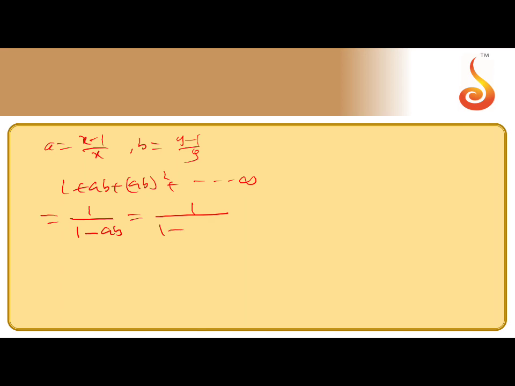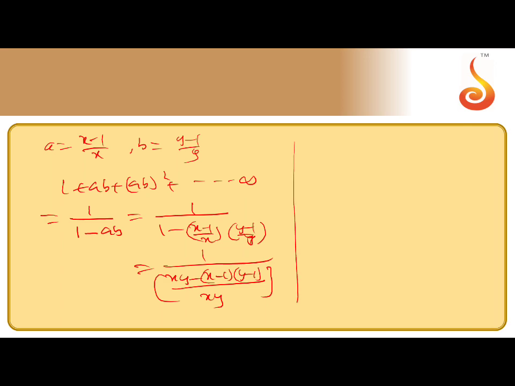So substitute the values of A and B. Here x minus 1 by x, here y minus 1 by y. In the denominator, the LCM is xy. So x minus 1 into y minus 1. So xy by xy minus (x minus 1)(y minus 1), which is xy minus xy plus x plus y minus 1.